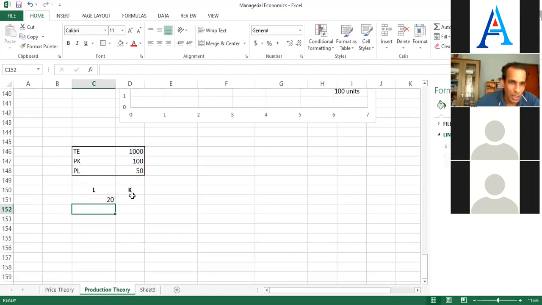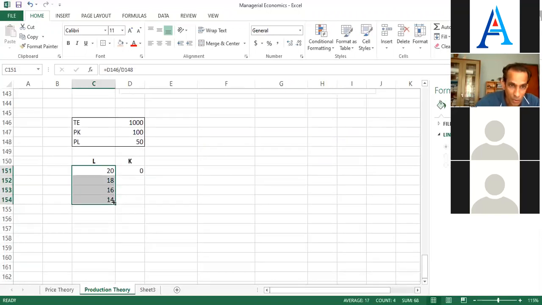That is 20. If they are going to use 20 units of labor, what is the level of capital they can use? They can't use any, so 0. Or they can decrease the labor, so they can use maybe 18, maybe 16, 14. In this way, they can decrease the use of labor.